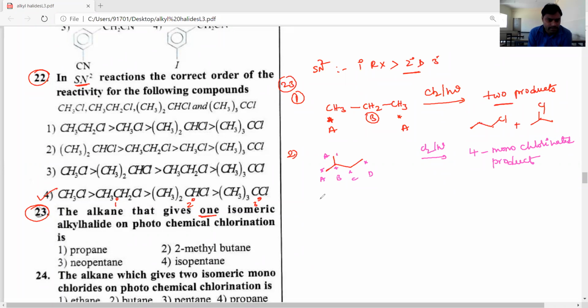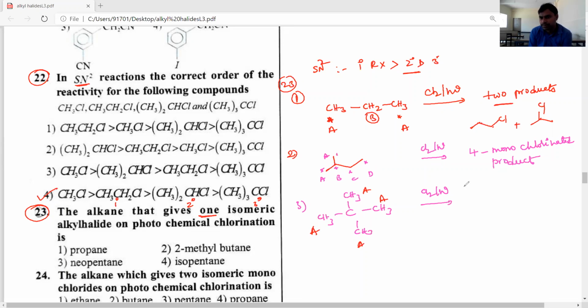Neopentane. Let's see the third one, neopentane. Neopentane means CH3, a quaternary carbon is present. One carbon is attached to 4 methyl groups. Upon chlorination in the presence of sunlight, only one kind of product will form. This is A. All the CH3 groups are similar.